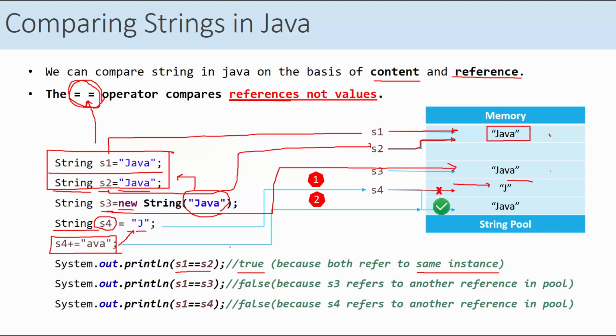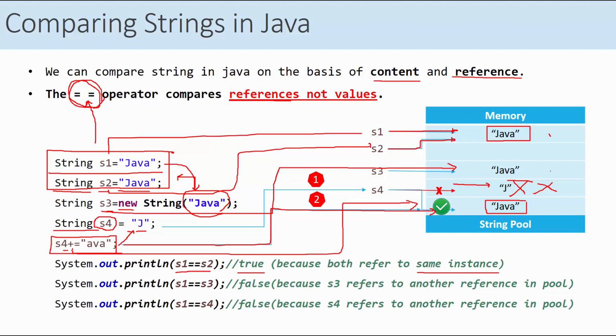However, the Java runtime cannot make sure that it's available somewhere with the same content. So it creates a new place in memory, and the S4 variable or object will stop pointing at the previous location and will start referencing the new location. As I said before, Java strings are immutable. If you make a change, they just cross it out and start the new string in another place, and the object will point to the new place.